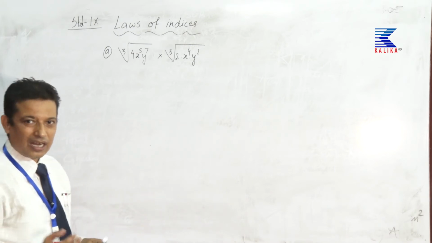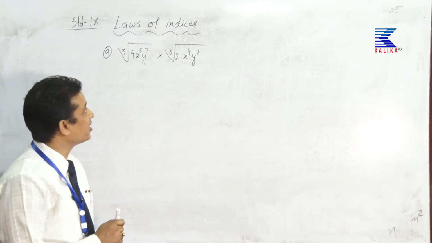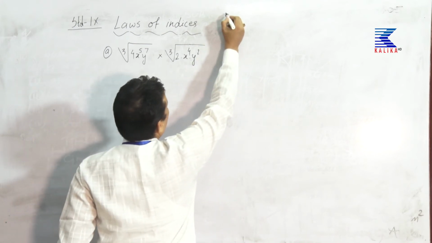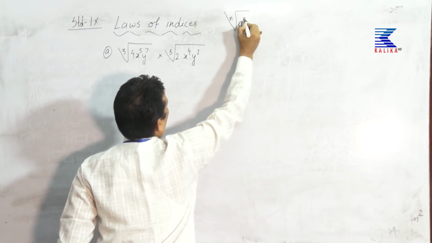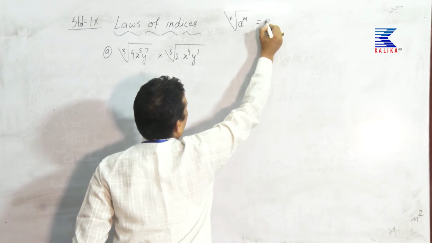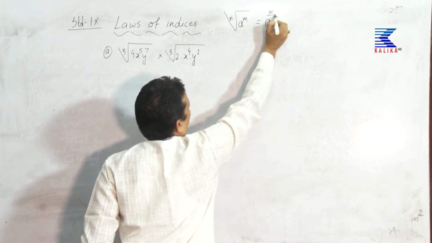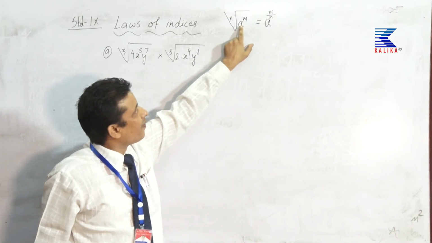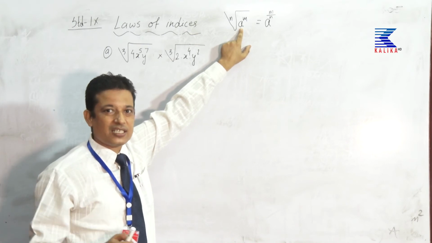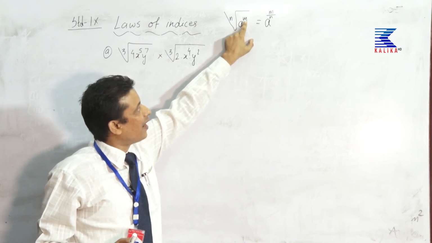Yesterday I revised you some laws of indices. According to it, you have learned that nth root of a to the power m can be written as a to the power m over n. It means this power under the sword, you can see a to the power m is there.